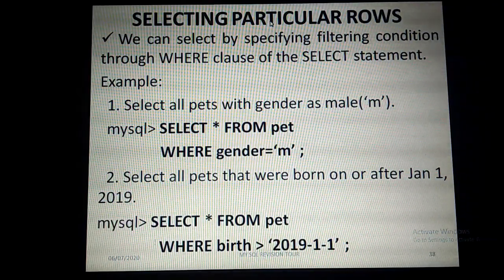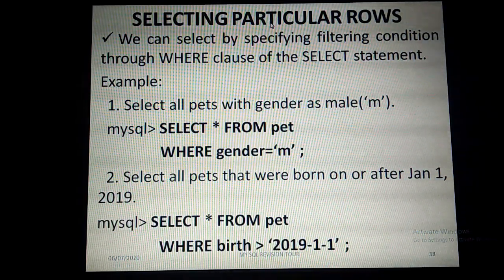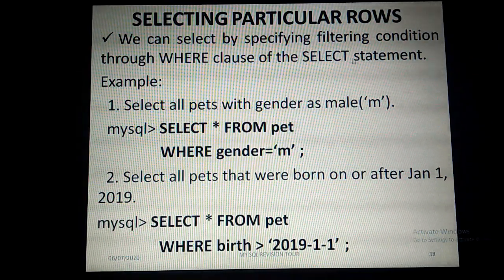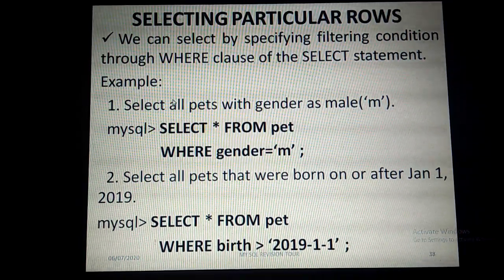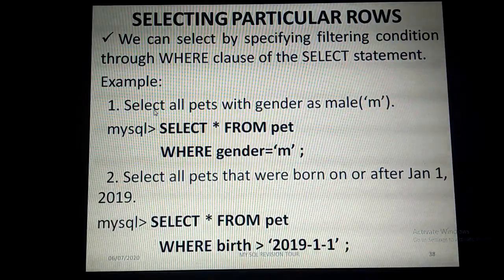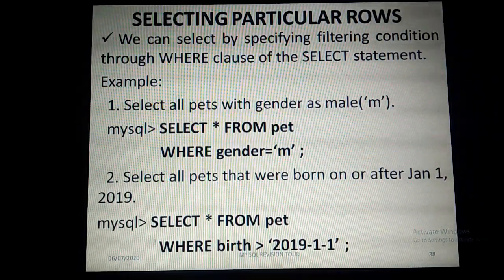Next is selecting particular rows alone. To select particular rows we need to use a filtering condition through the where clause of the select statement. We will see some examples of how to select particular rows alone. We need to select all the pets with gender as male.